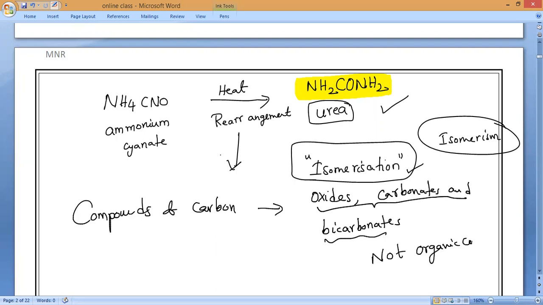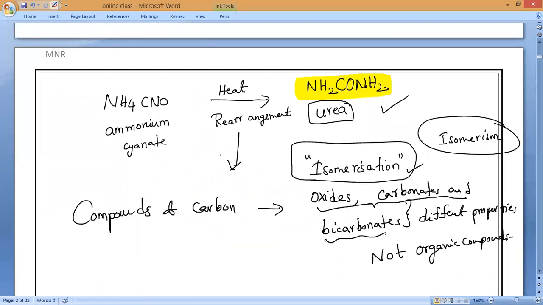Very important. Please remember that compounds of carbon like oxides, carbonates, and bicarbonates are not considered organic compounds, because they have entirely different properties from common organic compounds.